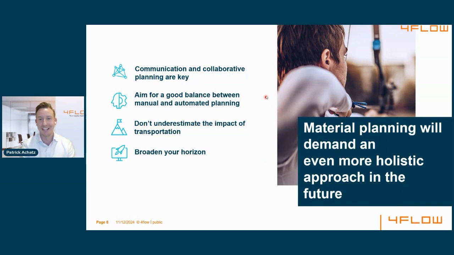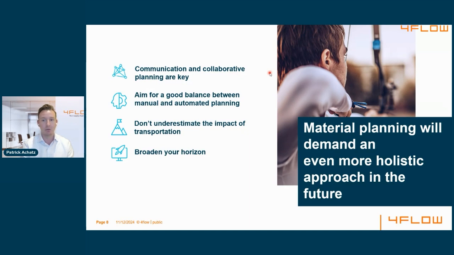Perfect. As we look to the future, material planning will require an even more holistic approach to stay competitive and efficient. Here are some guiding principles to consider. First, communication and collaboration in planning are key.